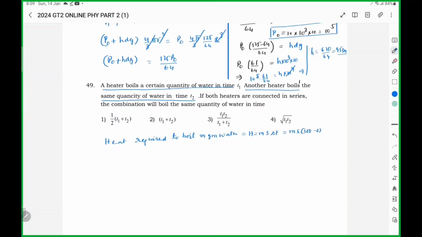So mass is fixed, specific heat of water is fixed, and for boiling the temperature is fixed.